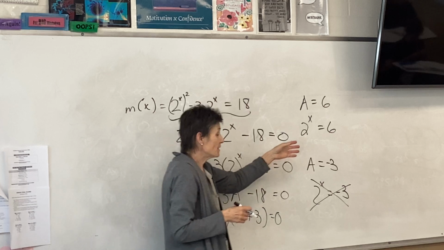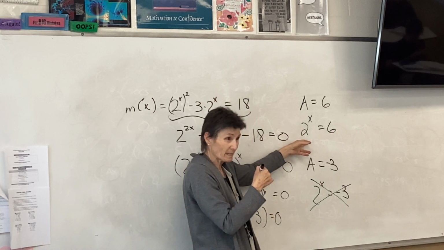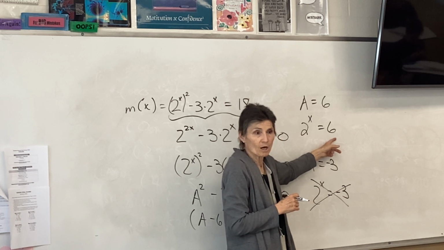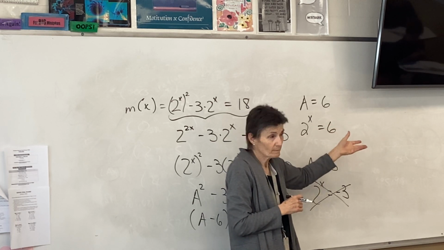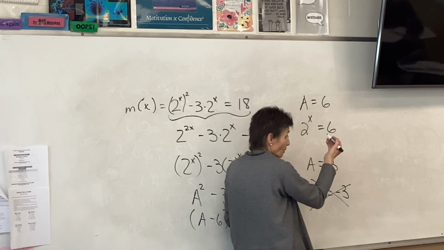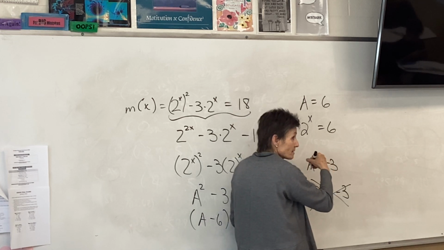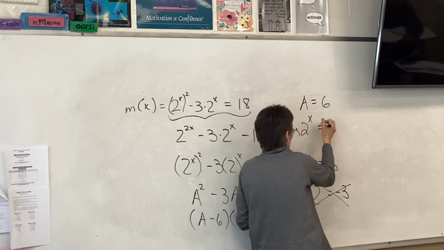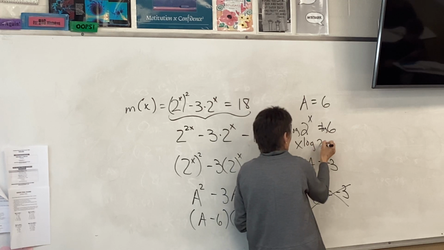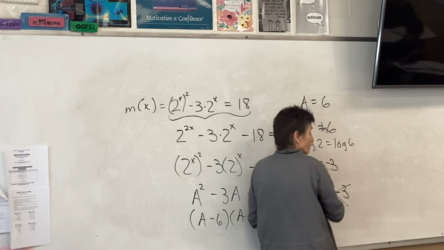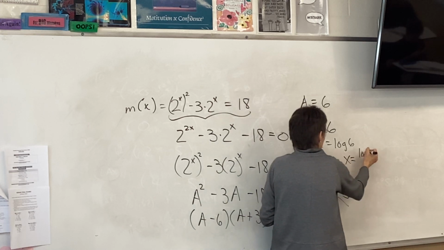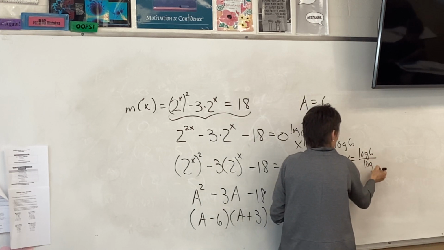This one, if they had rigged it more carefully, they would have made this like an 8, and then you would know x equals 3. I don't have a calculator, but to solve for x, I log both sides. So I get x log 2 equals log 6. So x equals log 6 divided by log 2.